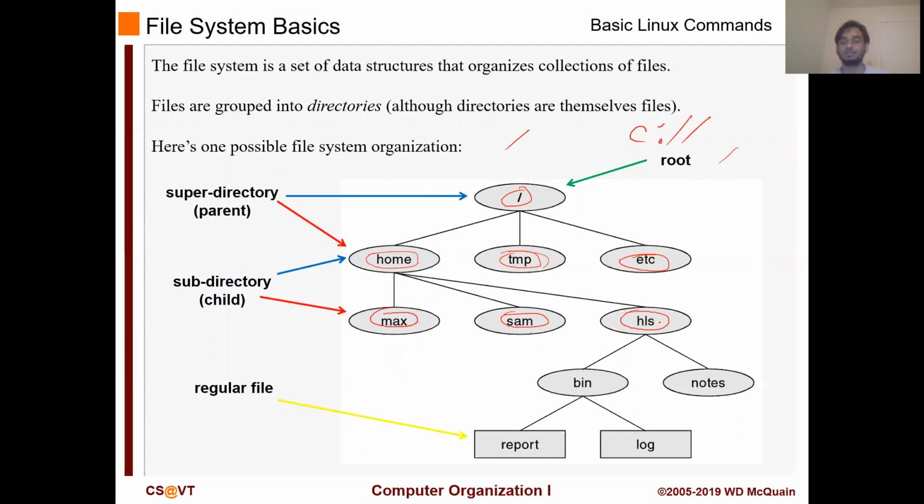Okay, and each subdirectory might have even more children. Like for example, HLS has bin and notes. Okay, and this bin has two files, report and log. Okay, so a Unix system uses a tree-like structure. You probably know about trees from your previous courses, but if you do not, the tree starts from a root and it will end with a leaf. Usually in Linux, the leaves are the files and the internal nodes are going to be directories, okay?